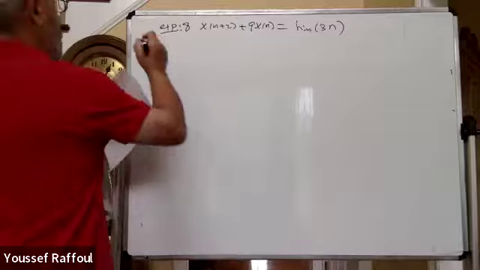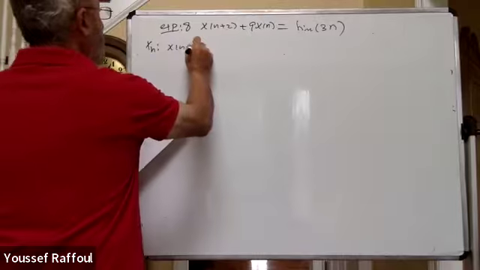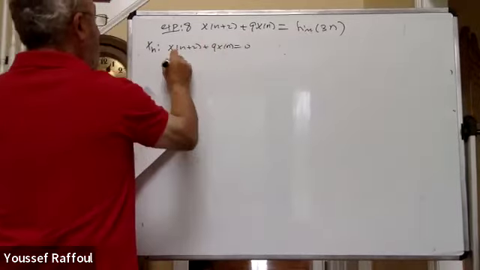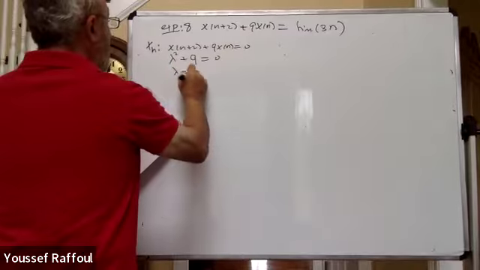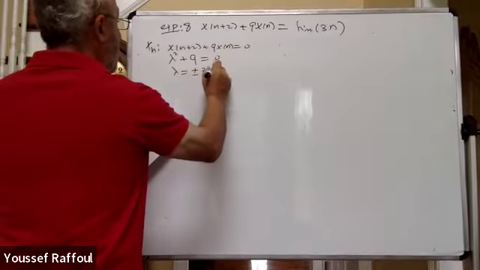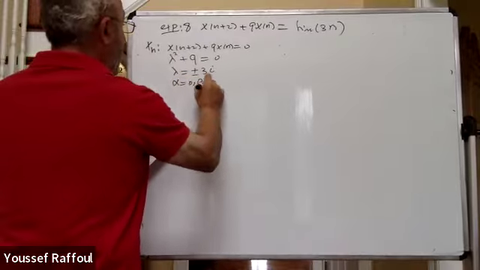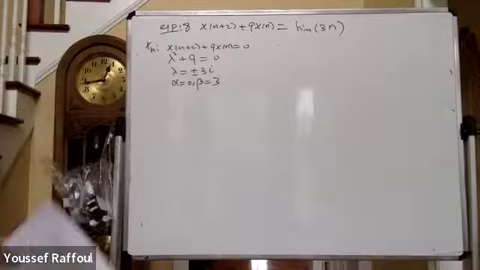Well, first of all, we need to find xh for x(n+2) plus 9xn equals 0. That is lambda squared plus 9 equals 0, lambda equal plus or minus 3i. So that means alpha is 0 and beta is 3. This is a complex root.